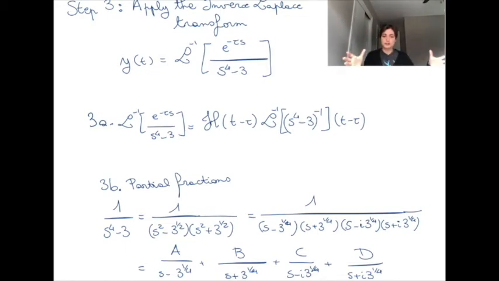So we are going to split this into 4 simpler fractions: A over s minus 3 to the 1/4, B over s plus 3 to the 1/4, C over s minus imaginary number times 3 to the 1/4, and D over s plus imaginary number times 3 to the 1/4.